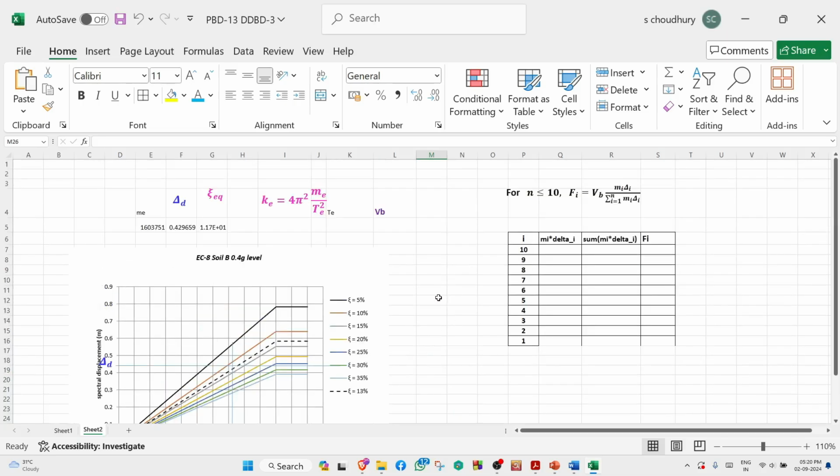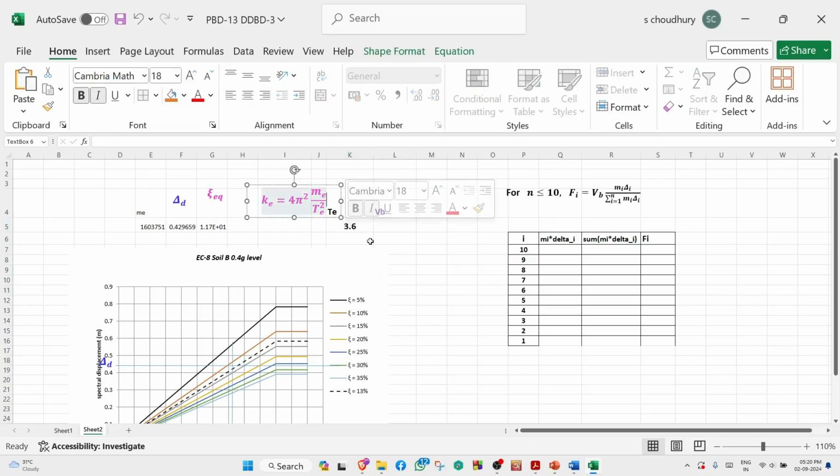So TE is 3.6 second. Let us write down T is here. T value is here.